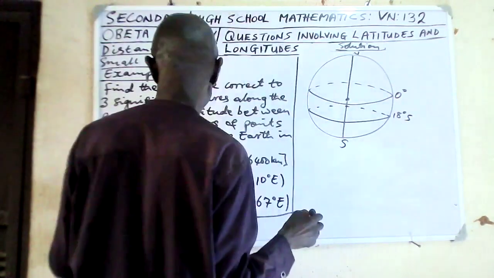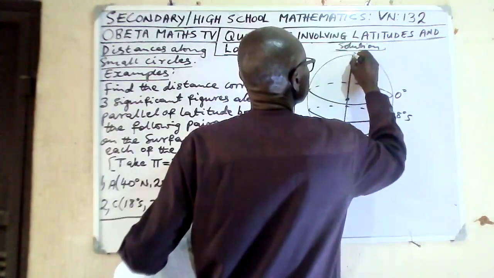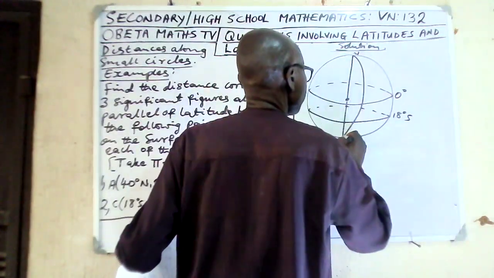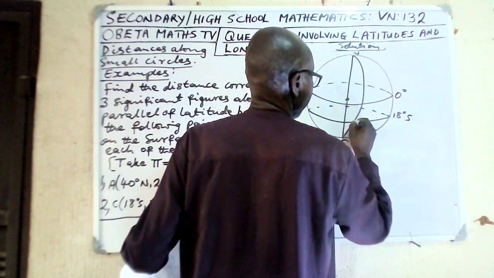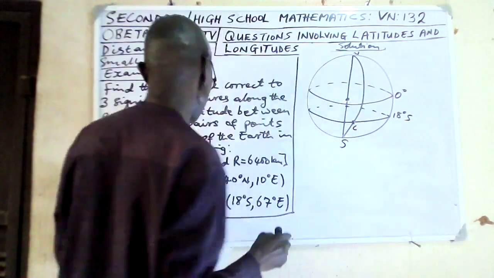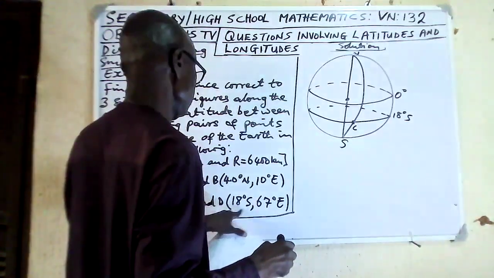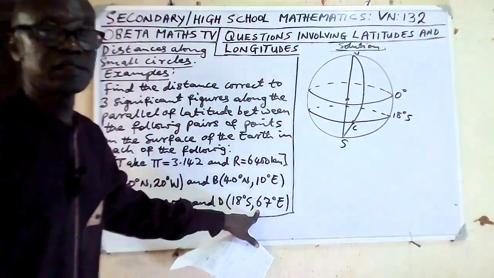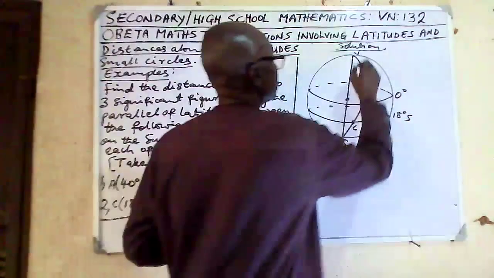That should be here. We take it to be C, and also 18 degrees south again, 67 degrees east.